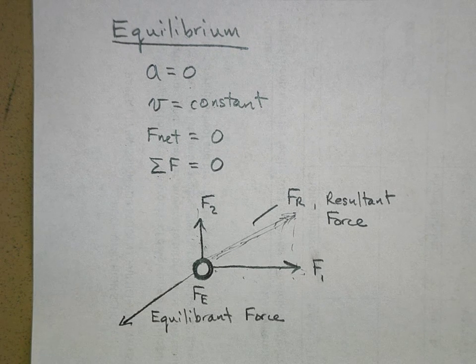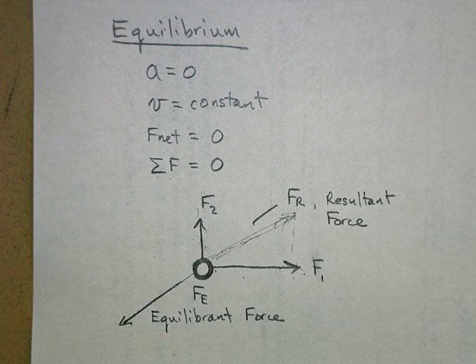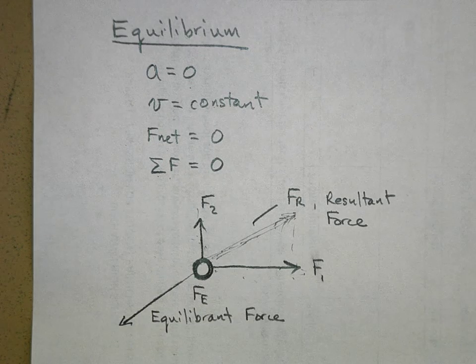Now, the book goes into this in a little bit more than I'm going to. I don't really care that much about the equilibrant force in what I'm going to be teaching you guys, because in the real world, you don't really think of things like the equilibrant force. What you do is you look at objects, you look at the forces on the object, you ask yourself, is that object in equilibrium?